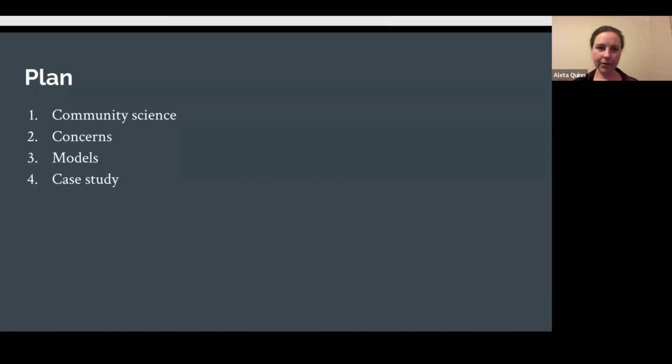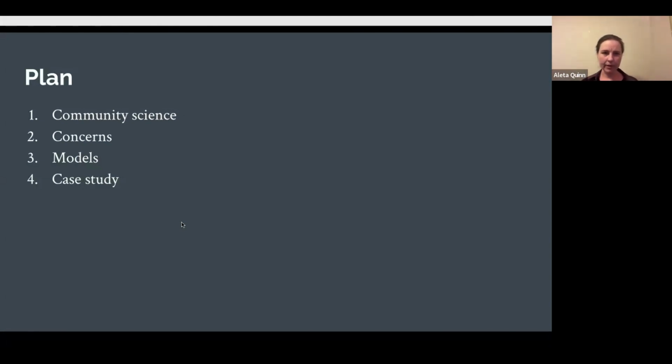So yeah, here is my rough plan of action. I first will very briefly describe what community science is, with more of a focus on introducing a case study, which will recur throughout the talk and that I'll return to. The introduction will be fairly positive, explaining some of the benefits and reasons to be involved with community science. And then I'll be turning to some concerns that have been raised about it.